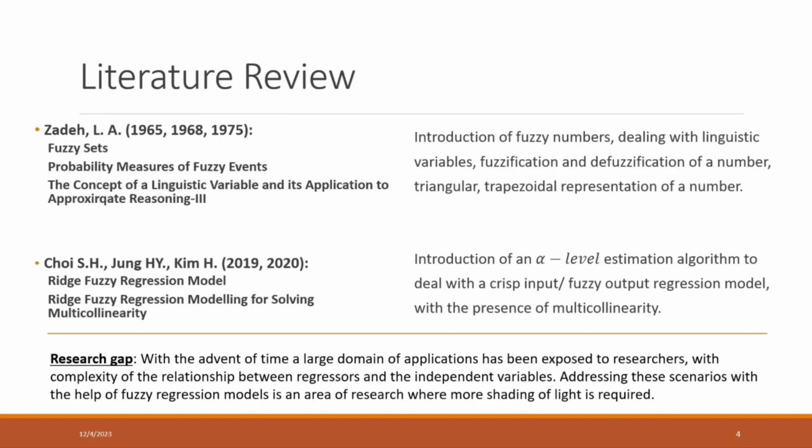time and the years 2019 and 2020, three Korean authors introduced a method in their research called the alpha level estimation method, which takes the concept of multicollinearity in the fuzzy scenario, and they try to build a good model so that we can get the least coefficient or the unbiased estimator for these fuzzy coefficients in this fuzzy regression model.